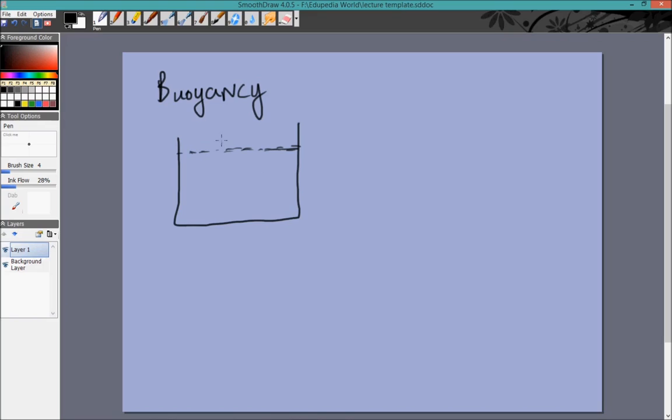If I take this particular region of liquid, that region is in equilibrium. That means the net force acting on this by this other part of the liquid has to net be equal to mg, where m is the mass of this particular region of the liquid.